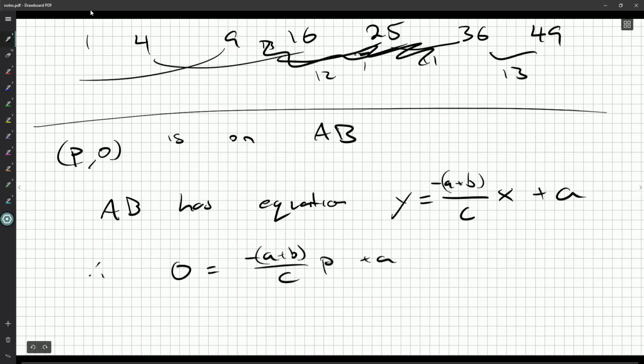Or, we know c is 12, so what could we do? We could have negative a times c is negative a plus b times p. So, actually just ac over a plus b is equal to p.